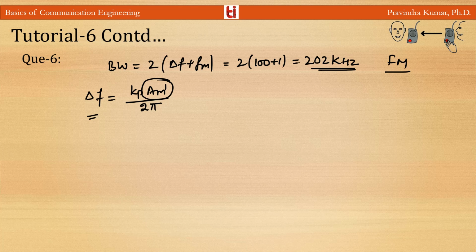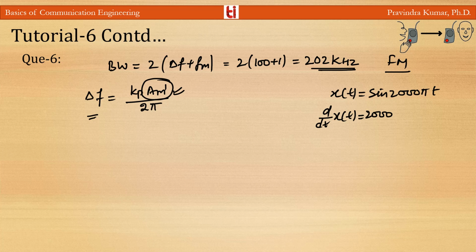So am dash is the amplitude of d by dt xt. xt is given as sine 2000 pi t, so d by dt xt will be 2000 pi cos 2000 pi t. So the amplitude am dash is 2000 pi.